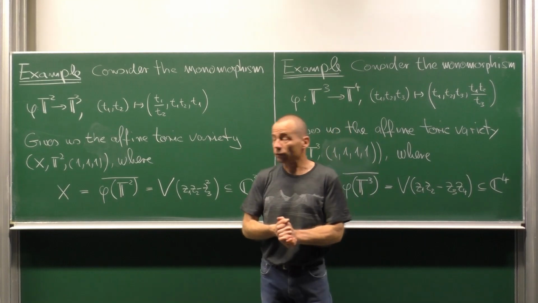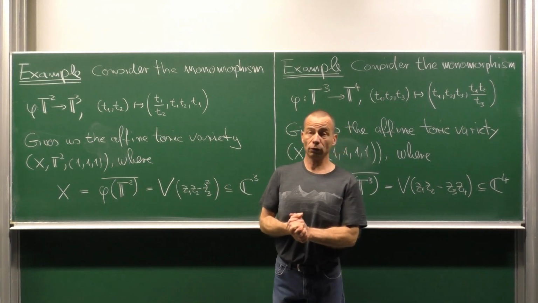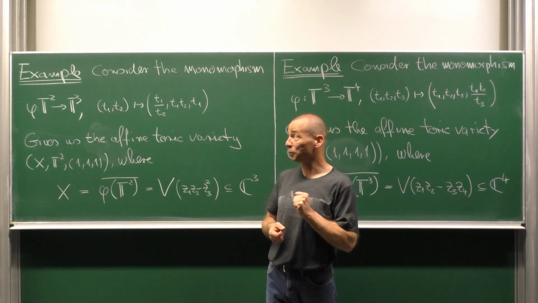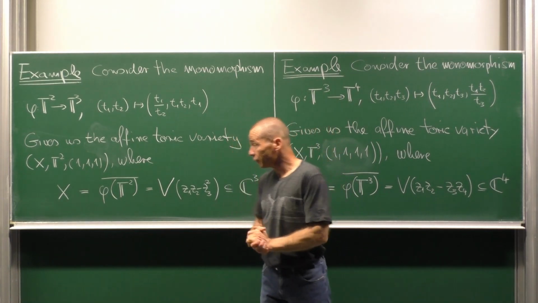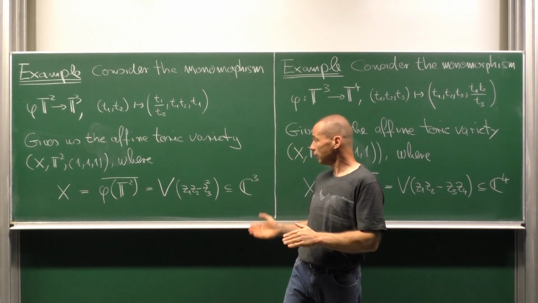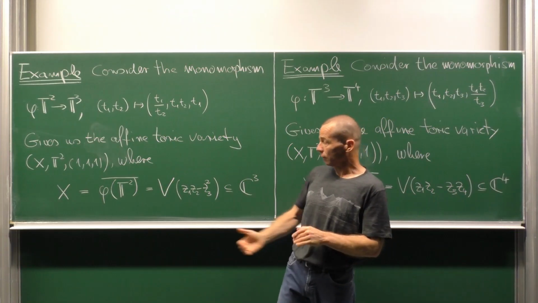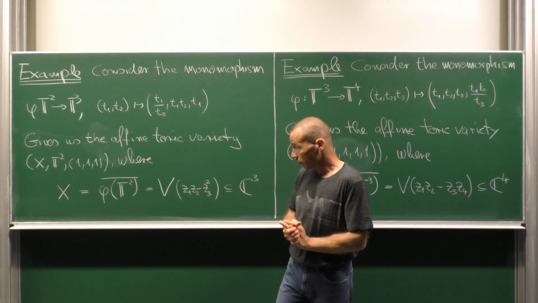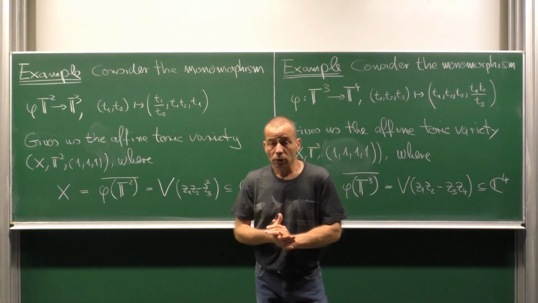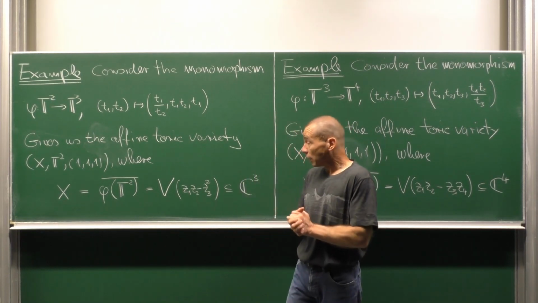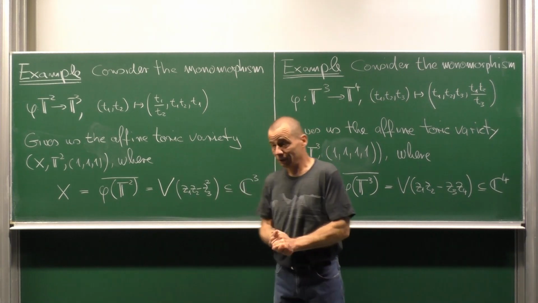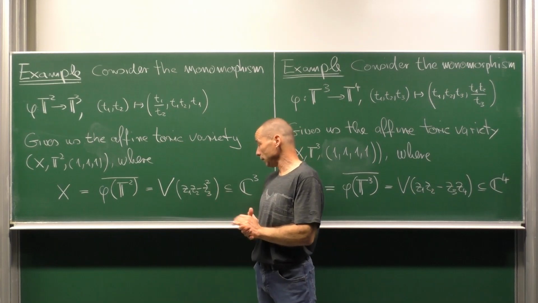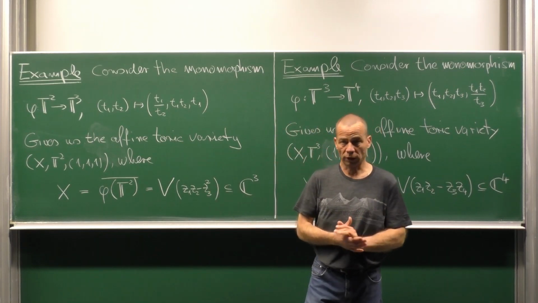Consider the following monomorphism from the 2-torus to the 3-torus, sending (T1, T2) to (T1/T2, T1 T2, T1). It gives us an affine toric variety sitting in C3 by taking the closure of the image of the 2-torus under phi. And it turns out that our X is the vanishing locus of the polynomial Z1 Z2 minus Z3 squared.